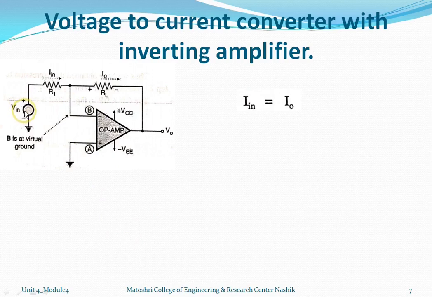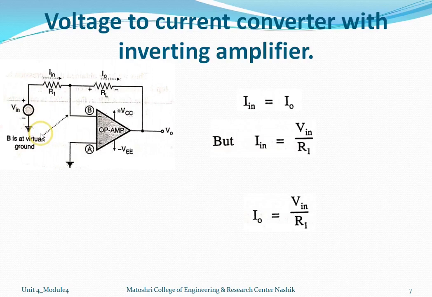For that reason, whatever the input current is directly given to the output, so the input current equals the output current. But the input current is nothing but the input voltage divided by the resistance, and hence comparing these two equations, we get the output current equals the input voltage divided by resistance R1.